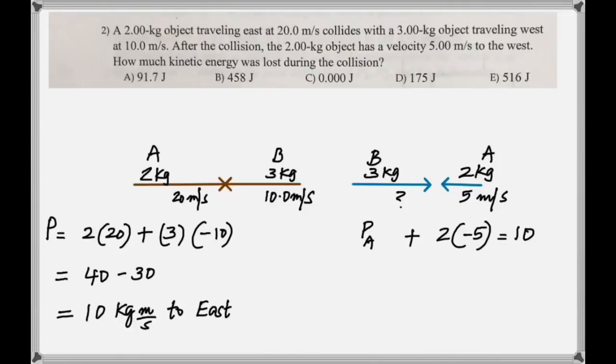So if the total before is 10, the total after should also be 10. Now solving that gives PA as 20, which means the velocity of object A is 20 by 3, which is dividing it by its mass. So we get 6.67 meters per second as the velocity of object B.